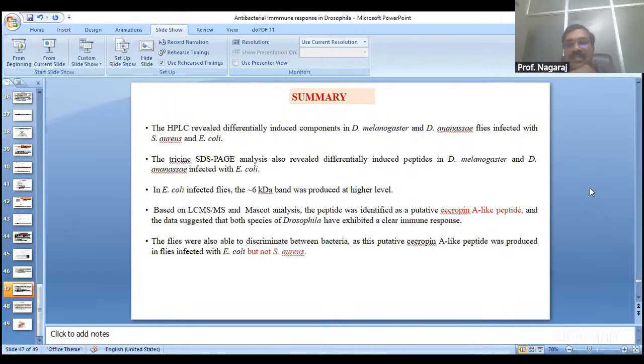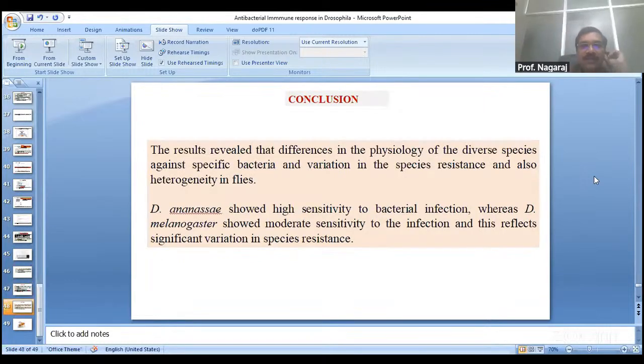I'm not going to present that here, and even that has given us the evidence that only against a gram-negative bacteria, E. coli, was this cecropin A-like peptide produced, but not SREs. So, yeah, let me conclude with these results.